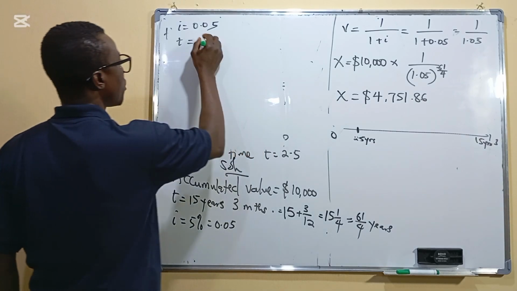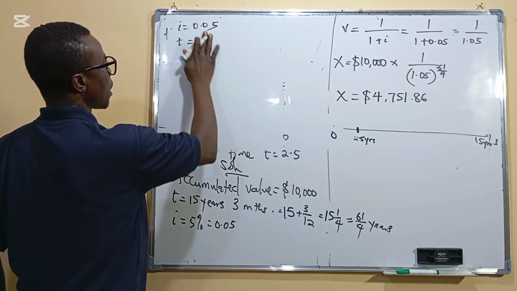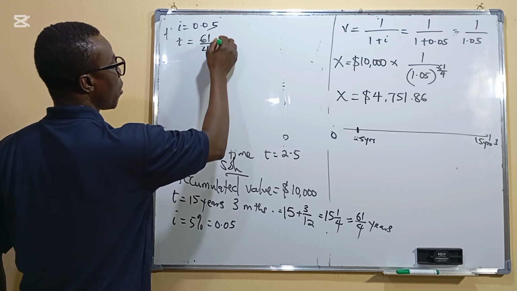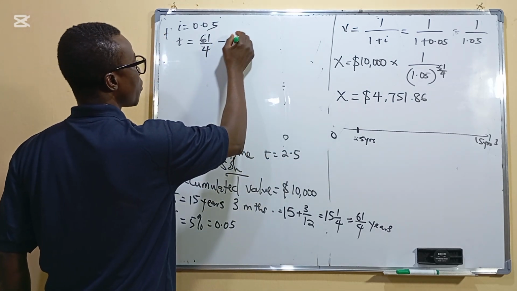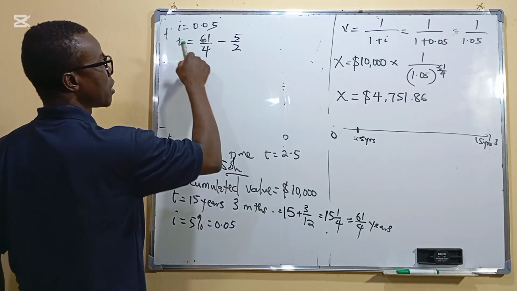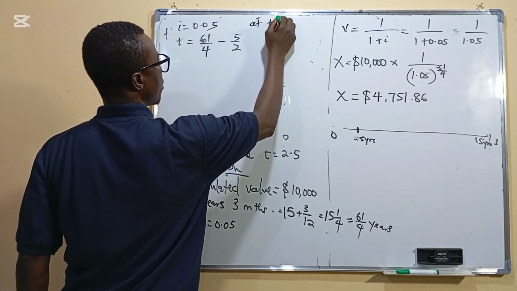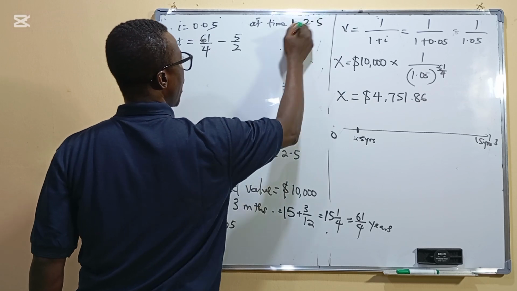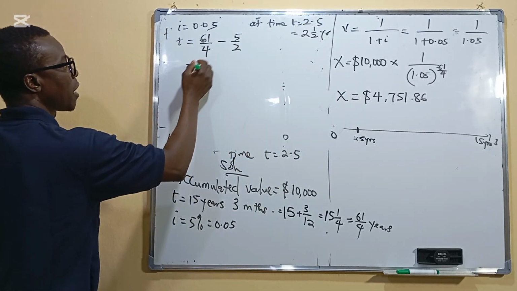So I'll have to find the difference. When I converted 15 years, 3 months, that was 61 over 4 minus 2.5, which is the same as 5 over 2. That's 2.5, the same as 2 whole number 1 over 2 years.